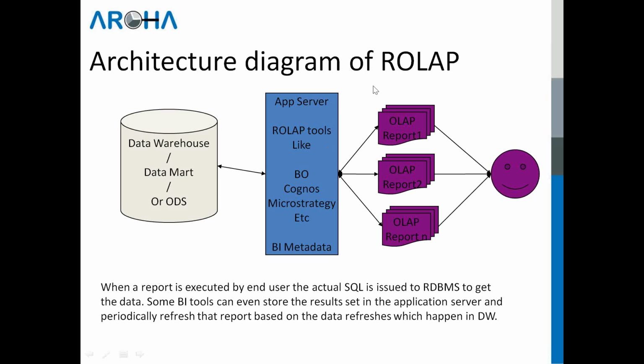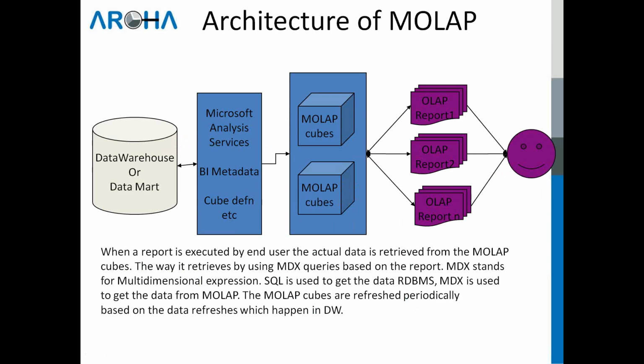So if you are using SSRS, then it is called ROLAP. If you are using SSAS cubes like this, then it is called MOLAP. They hold the data. Yes, it holds the data for you.